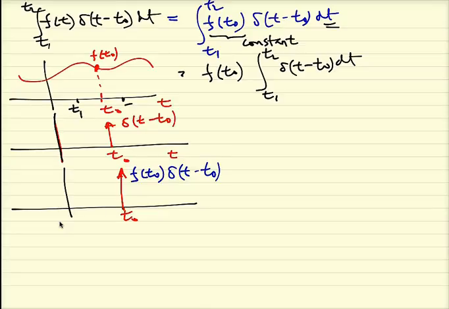We assume that t naught is located at any point in between t1 and t2. So within t1 and t2 your impulse is located, and this impulse has a strength of unit. So you multiply f(t naught) with 1, which gives you f(t naught).